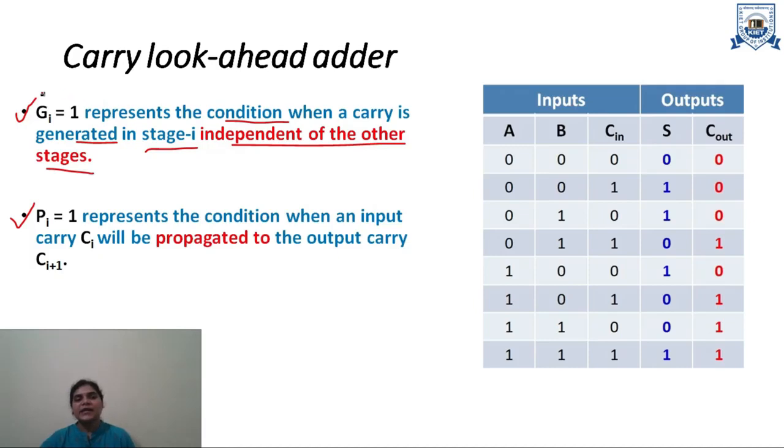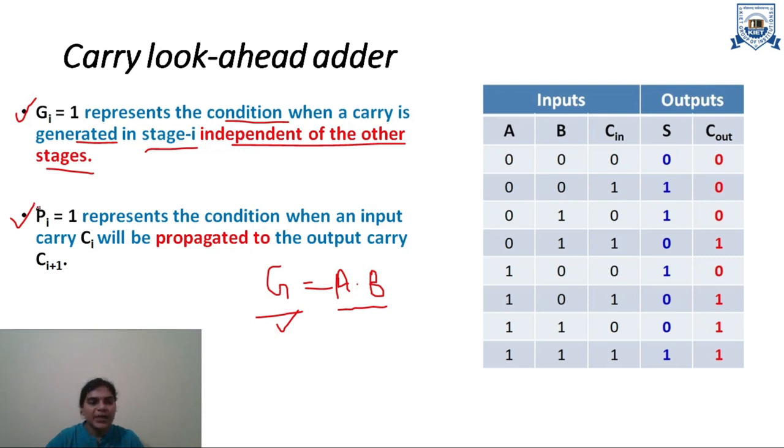So carry generate represents the generation of carry at a particular stage i, because Gi, as we have seen, is defined as A into B. If Gi is 1, it means the carry has been generated. And when will G be 1? When A and B both are 1. So the carry will be generated when Gi is 1.